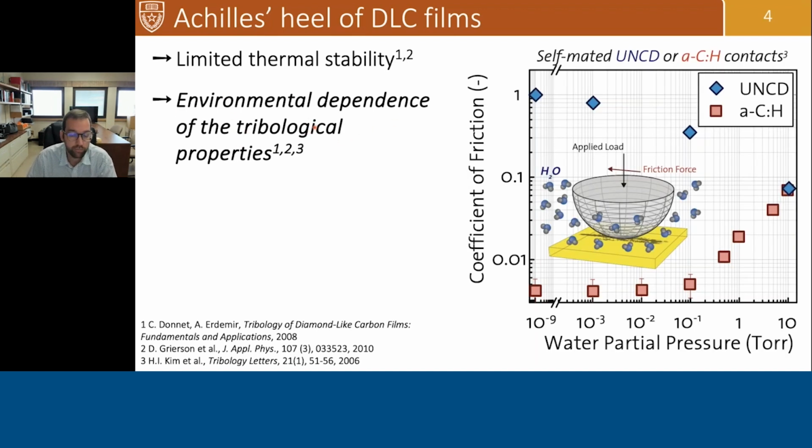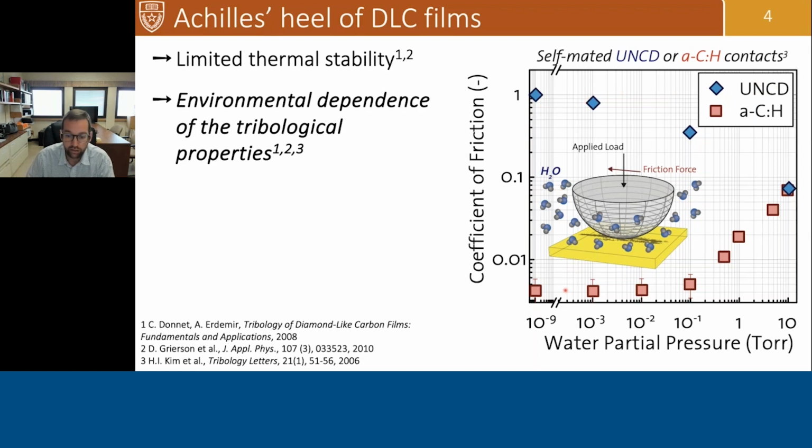Here you see probably the first work on this topic, where the coefficient of friction is plotted as a function of water partial pressure, or in other words, relative humidity, for two kinds of DLC. The first one is a hydrogenated amorphous carbon. The second one is actually not amorphous, it's a nanocrystalline diamond film, but similar results were obtained also with TAC, or tetrahedral amorphous carbon.